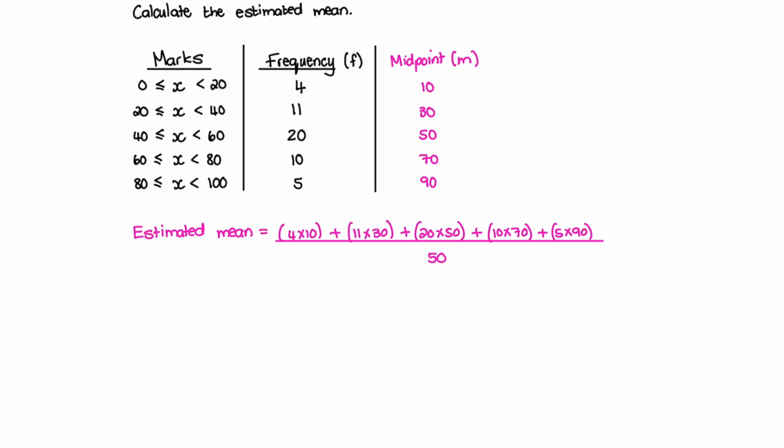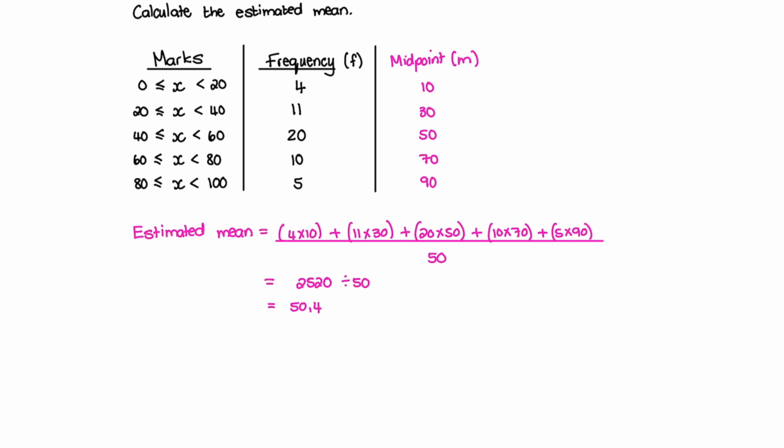For the second interval, we have 11 values, and we assign an estimated value of 30. So it's 11 times 30. For the next interval, it's 20 times 50. The fourth one, we have 10 times 70. And for the last one, we have 90 times 5. So what we are doing here is we are multiplying the frequencies with the midpoint values to help us create an estimated total.